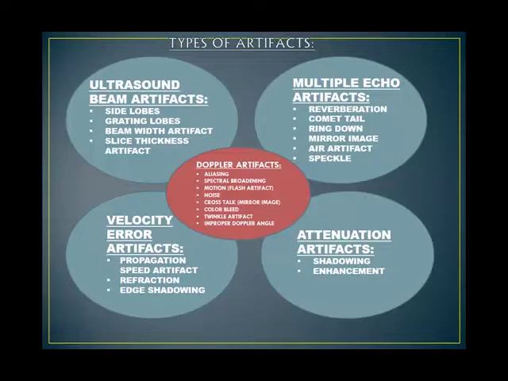We can get artifacts when we're using color, power and spectral Doppler. And we can get something called velocity error artifacts, where your sound wave is not always traveling at a constant rate. And then attenuation artifacts, which occur because your sound wave is not losing strength at an even rate as it travels through the body.